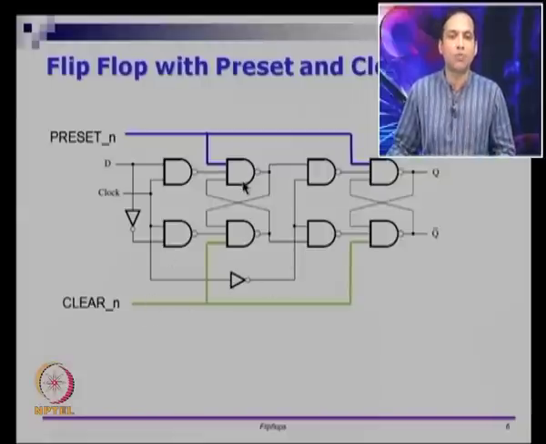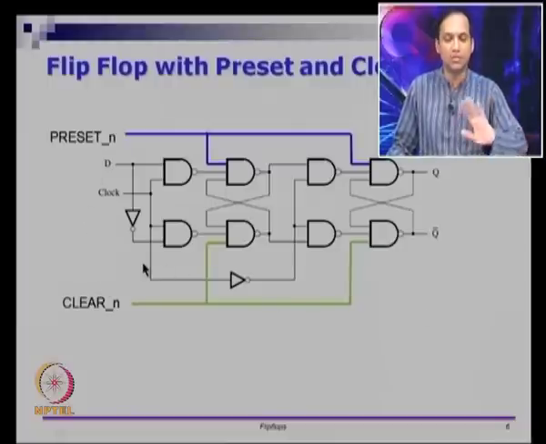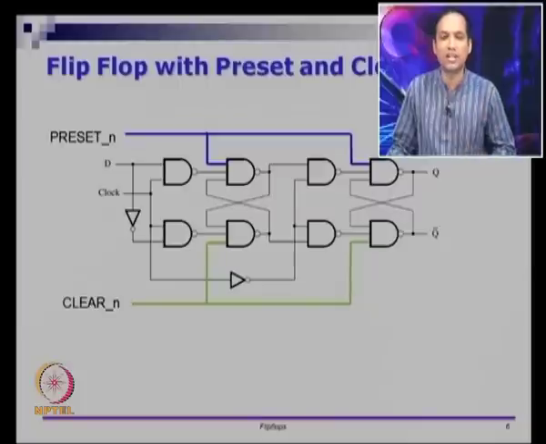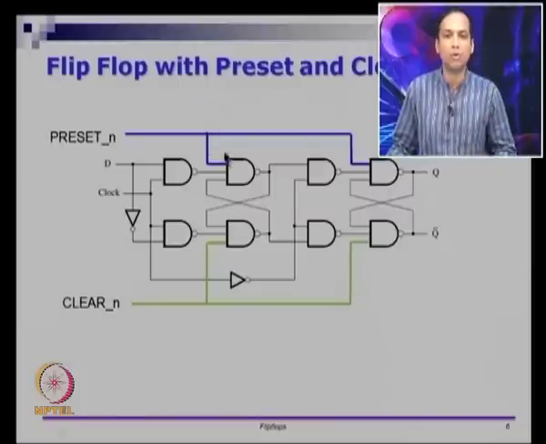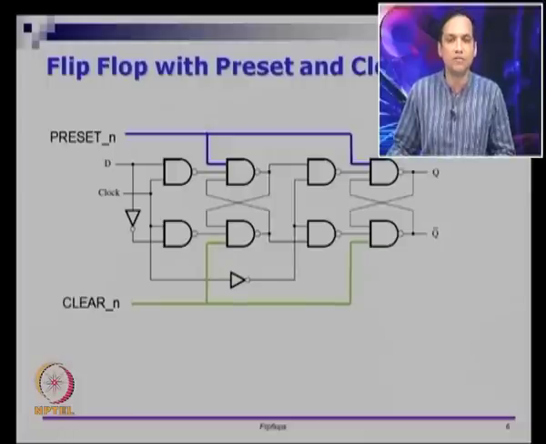On top of that, we have taken a signal called preset and given it to these two gates here, and we have taken another signal called clear and given it to these two gates here. The rest of it will resemble the internal circuit for a D flip flop. If I remove the blue lines and make all these 3 input gates 2 input gates, that is actually the internal circuit for a D flip flop implemented with NAND gates.